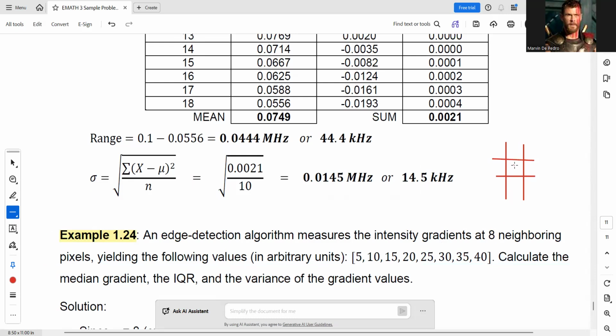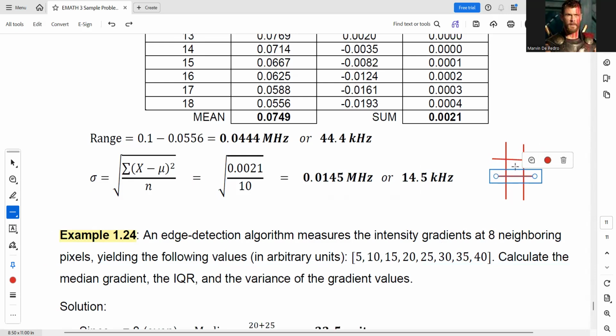So that's the number we are talking about here. Intensity gradient. We have the eight neighboring pixels.